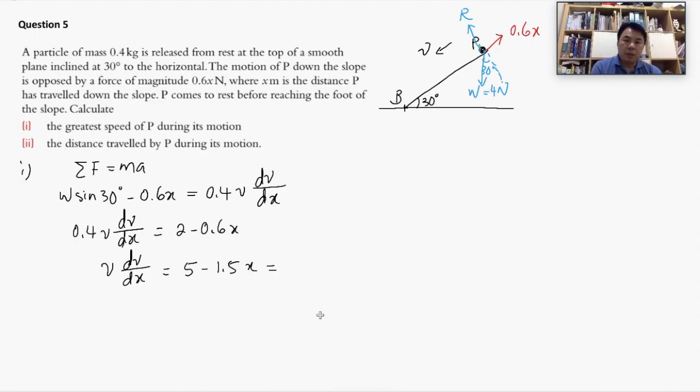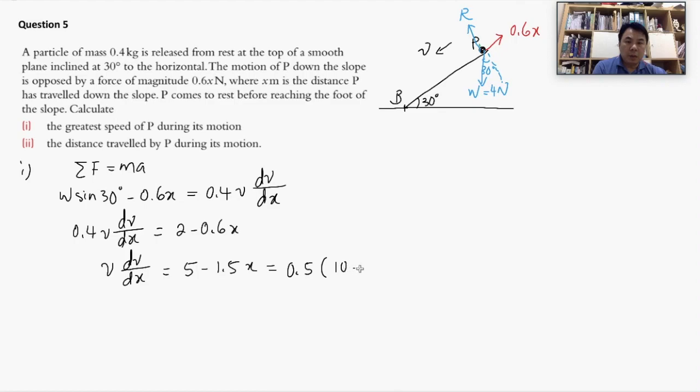Maybe it's good to take out 0.5 in this case.